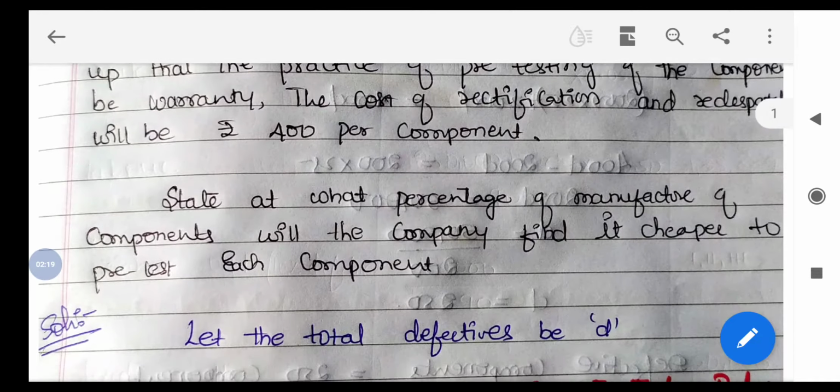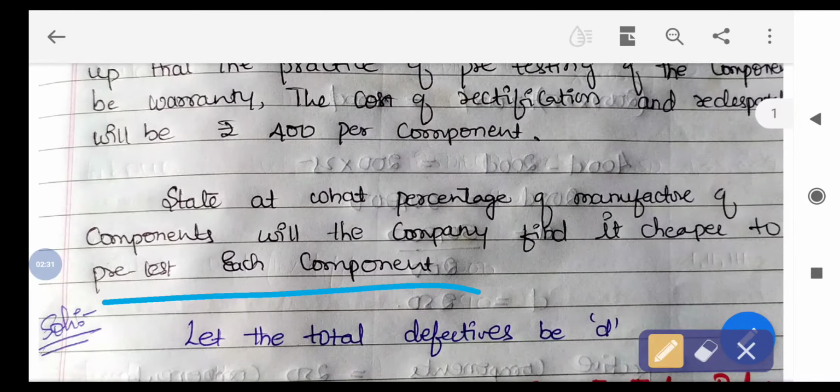What we need to present is the percentage of manufacturing of components at which the company will find it cheaper to pre-test each component. It means we have to give the percentage of defectiveness.